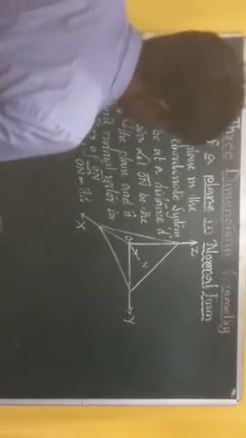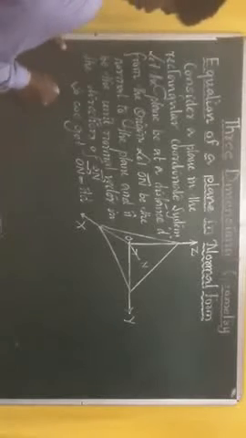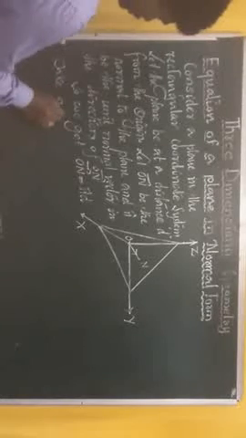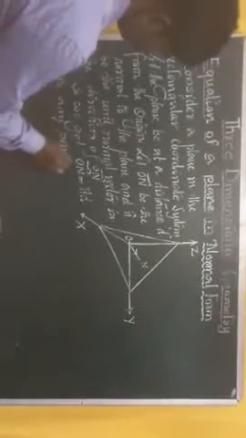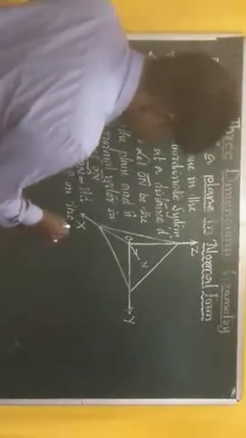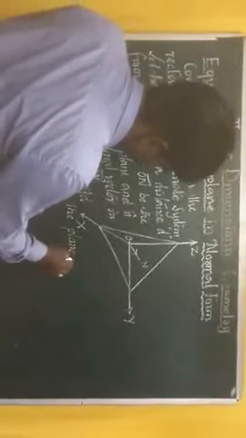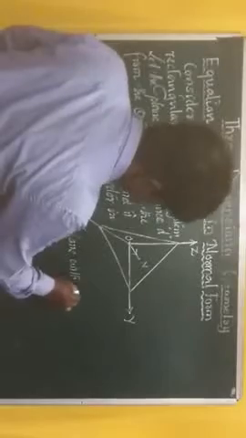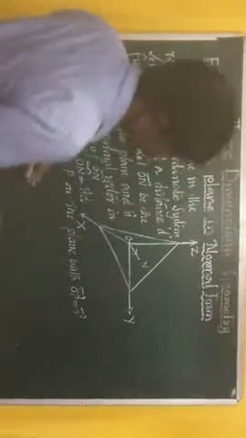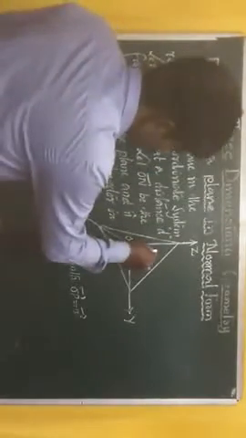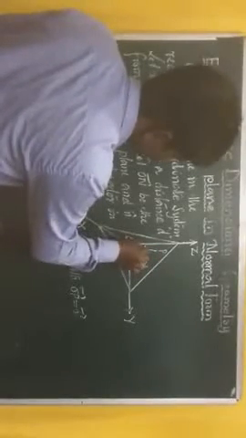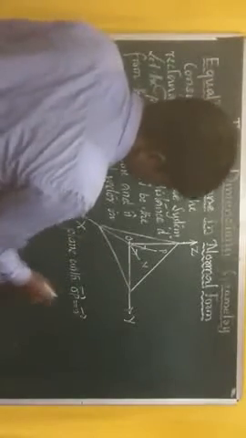Now take any point P on the plane, with the position vector of OP as vector r. I am taking a point P here, and the position vector of this point is vector r.